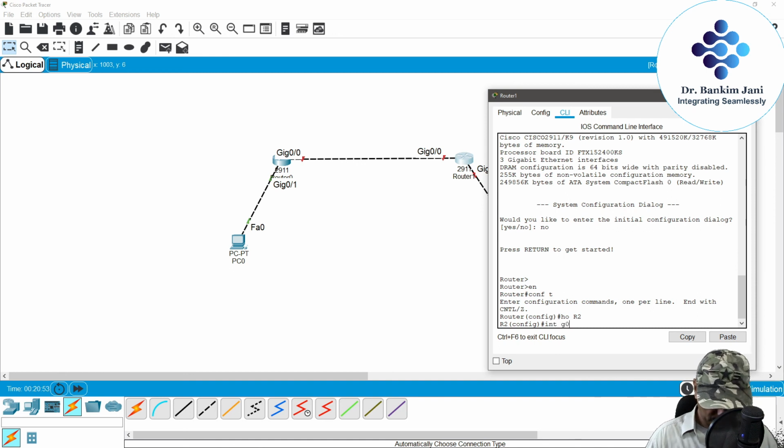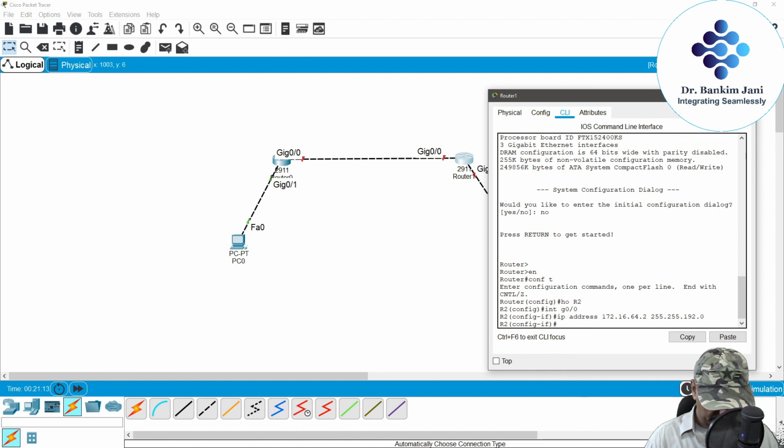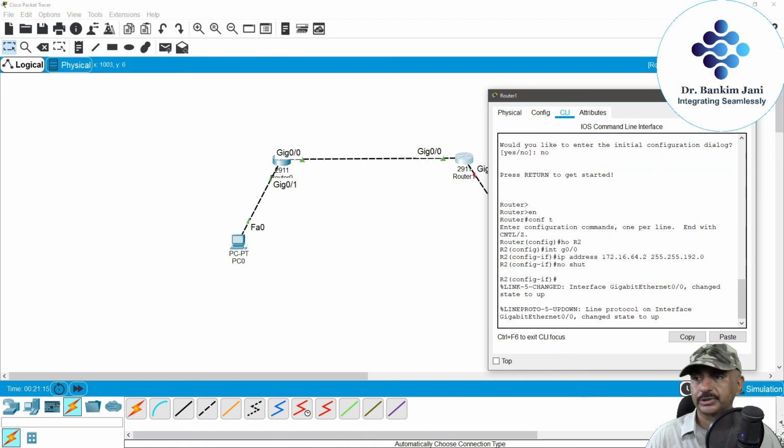Interface gig 0/0, in this case it would be IP address, remember the second subnet, so it would be 172.16.64.2 and 255.255.192.0, and we give no shut.